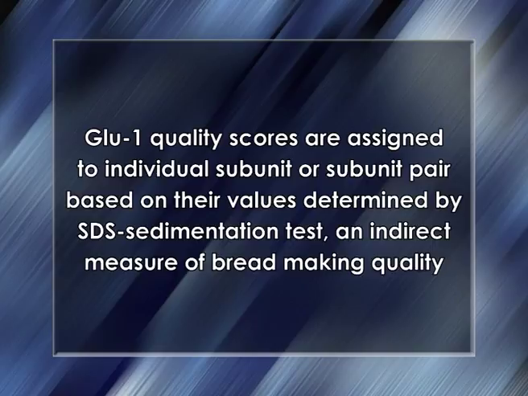GLU1 quality scores are assigned to the individual subunit or subunit pair based on their value determined by the SDS sedimentation test, an indirect measure of bread making quality. The GLU1 scores of bread wheats usually range from 3 for poor bread making quality to 10 for good bread making quality. This was all about the role of gluten in bread making.